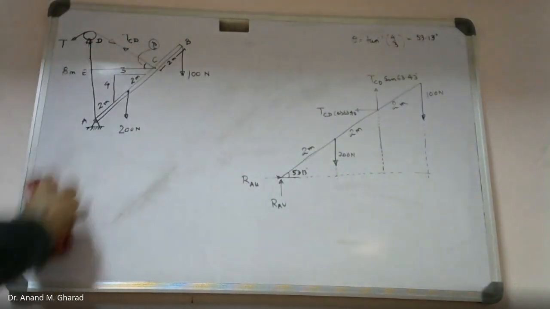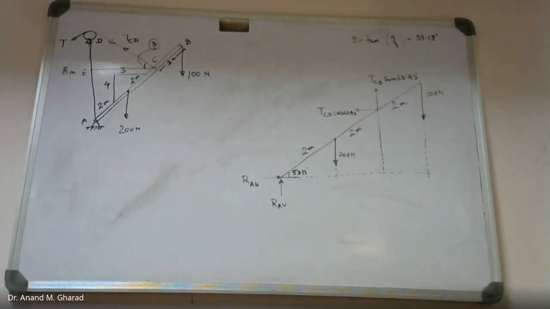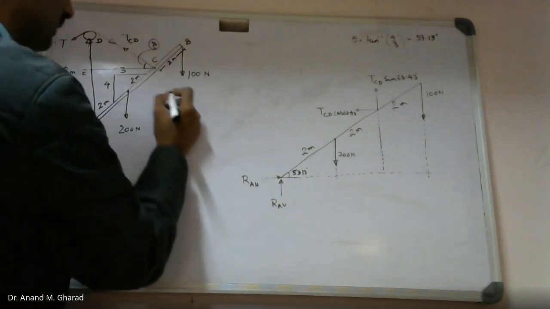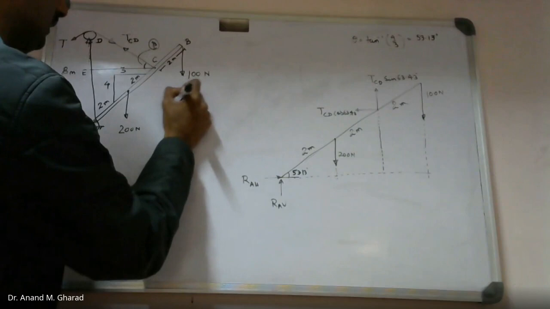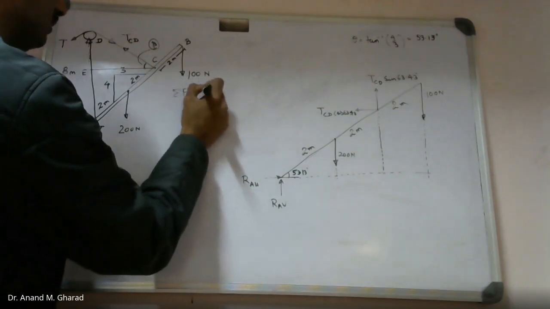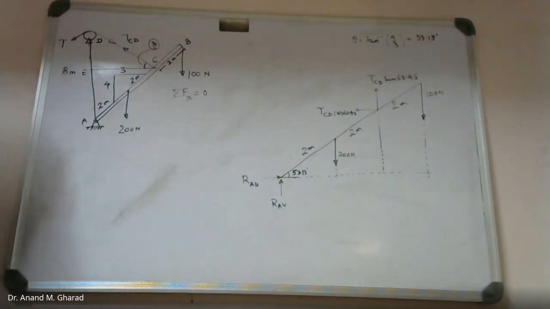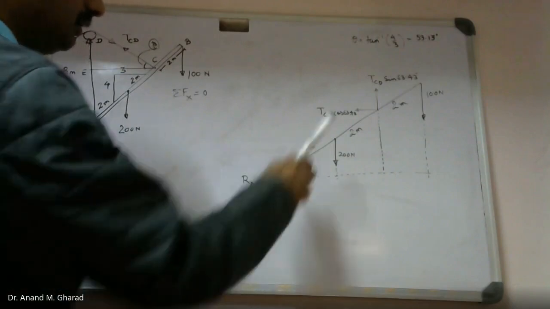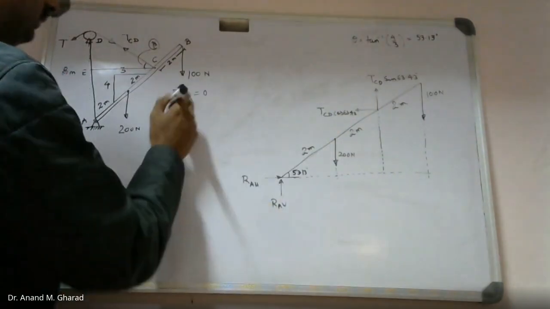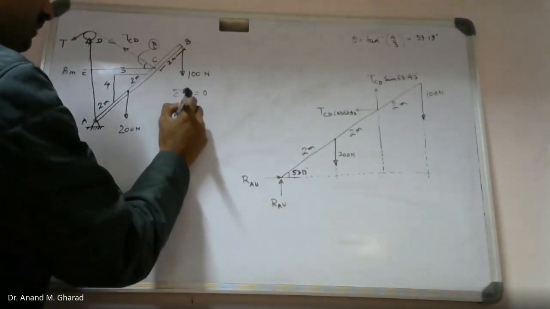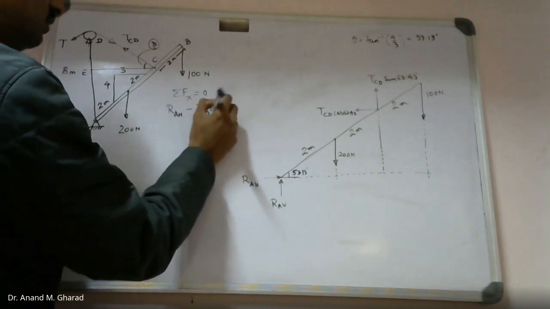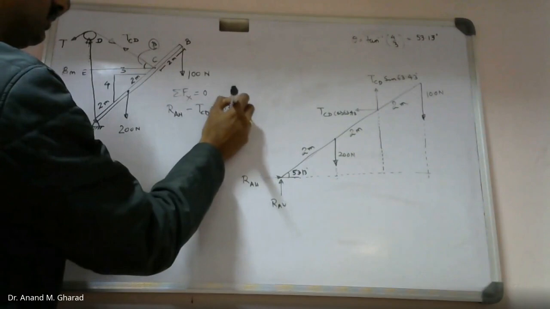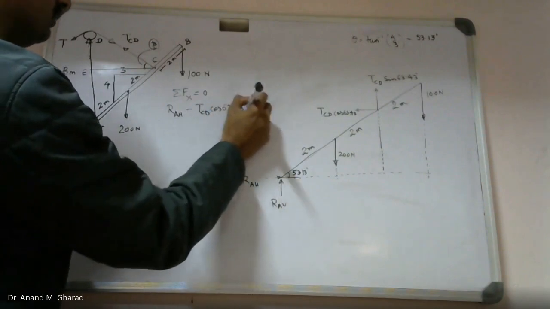Okay? So first of all, using equations of equilibrium, summation of forces in x direction equal to 0. How many forces do you observe? 1 and 2. So RAH minus TCD cos of 63.43 equal to 0.